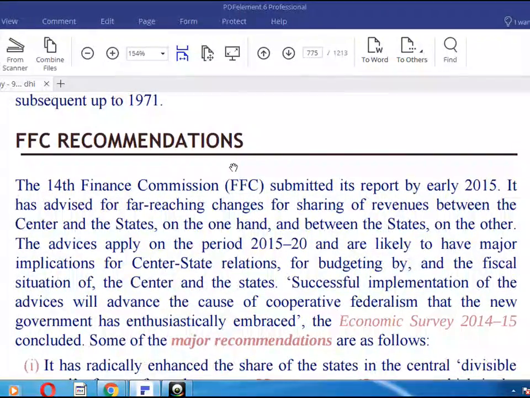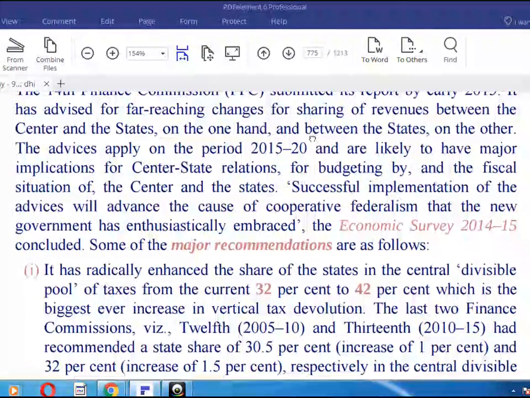Okay, the 14th Finance Commission submitted its report by early 2015. It has advised far-reaching changes for sharing of revenues between the center and the states, on the one hand, and between the states on the other hand.